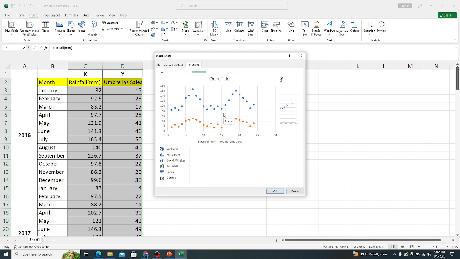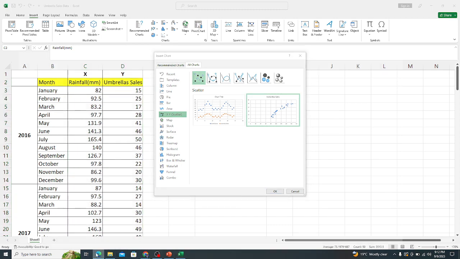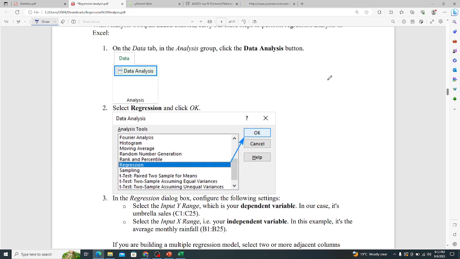We need the one with a relationship, plotting the coordinates, like the point where x is 82 and y is 15. Coordinates are always x, comma, y.